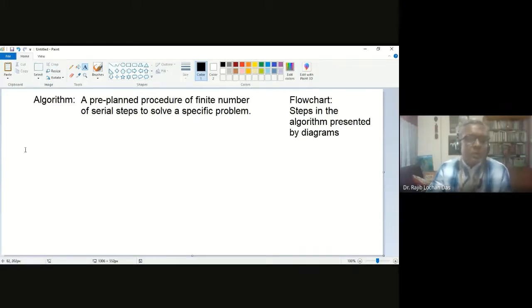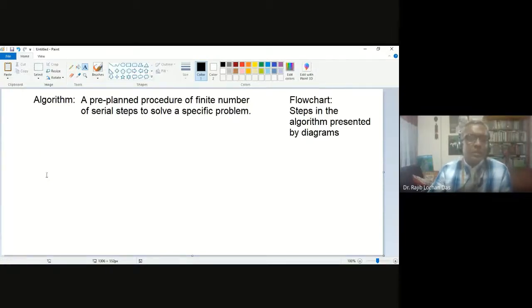Say, for example, finding the average of numbers, finding the area of a triangle or of a circle, or finding the LCM.